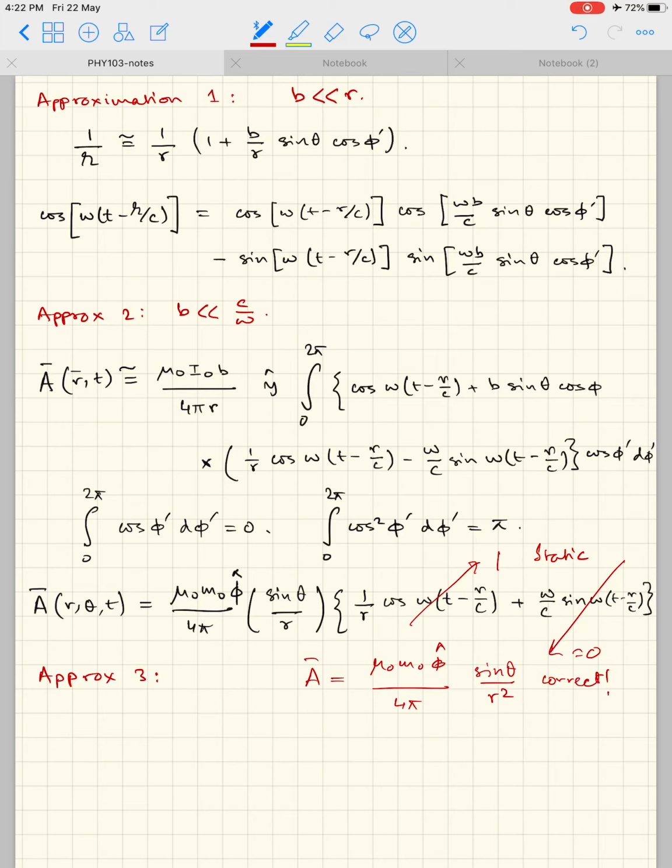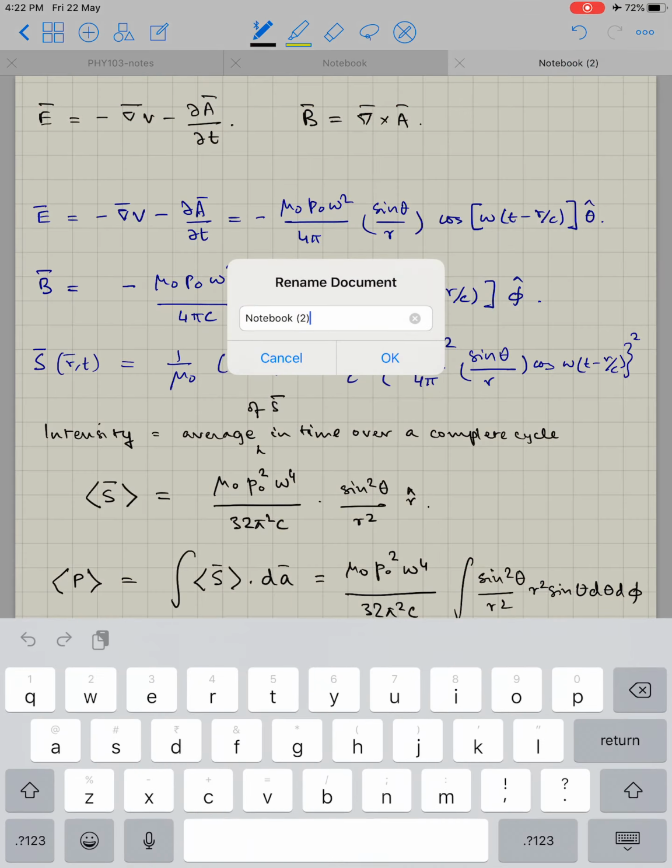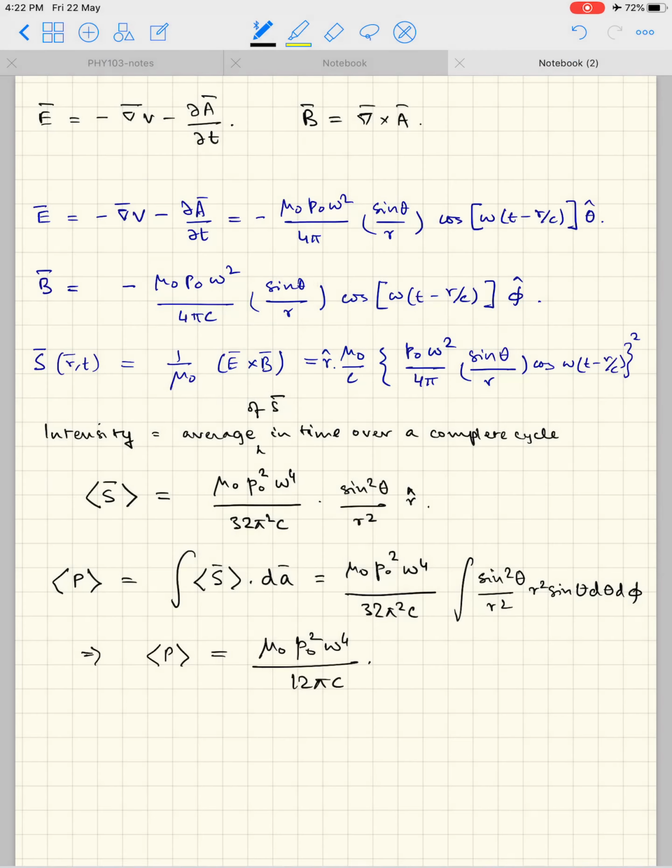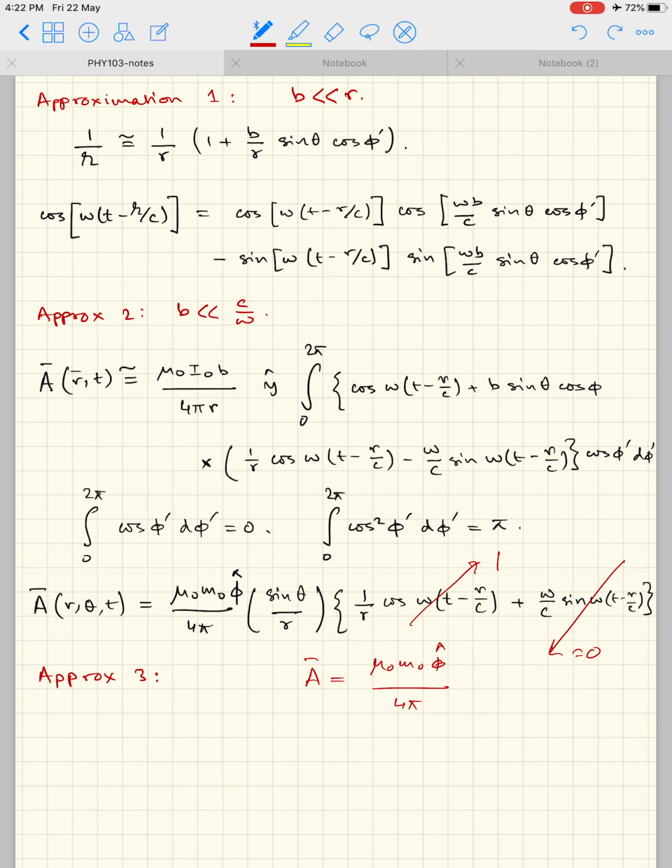Okay, for the moment, let's forget that I wrote these things down. So as I said, the static answer is fine. We do not want to look at this. We want to look at the radiation zone where r is much greater than c over omega.